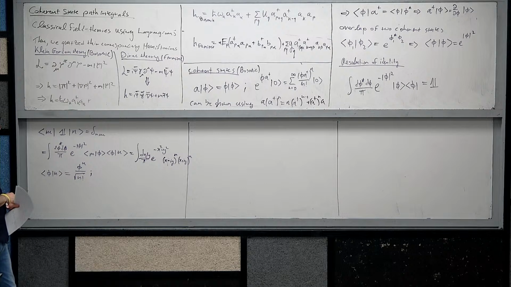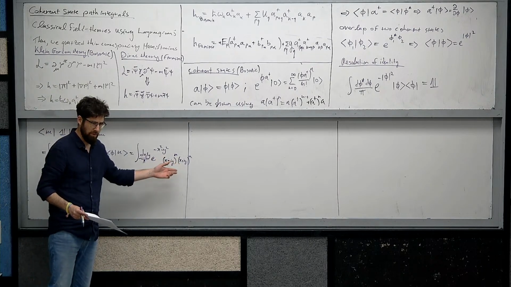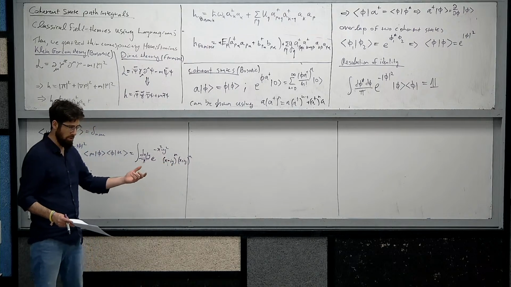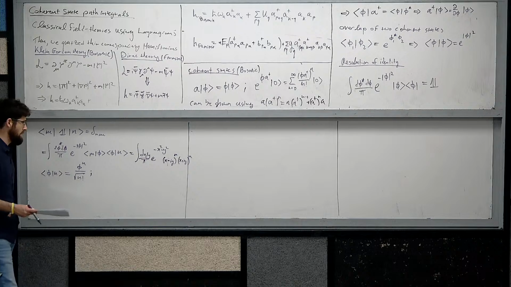You can think about these as like vortices. It's the opposite of poles. These are zeros, but by symmetry they cancel out unless m is equal to n.